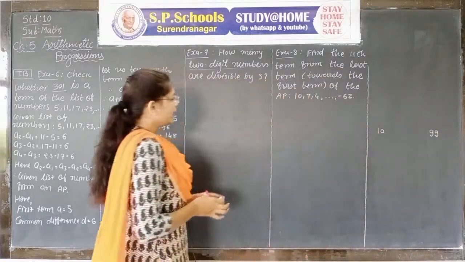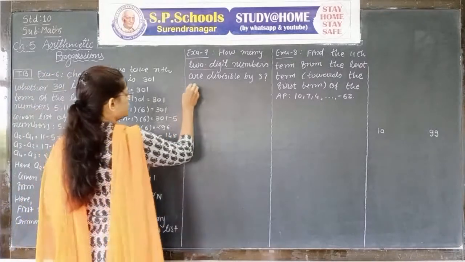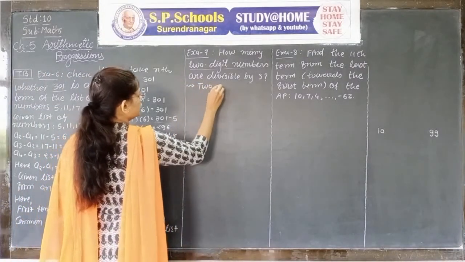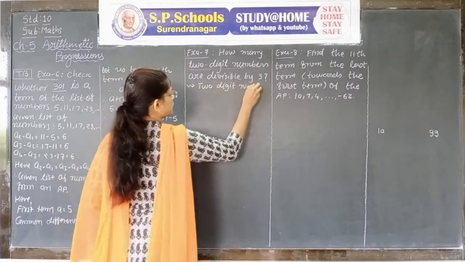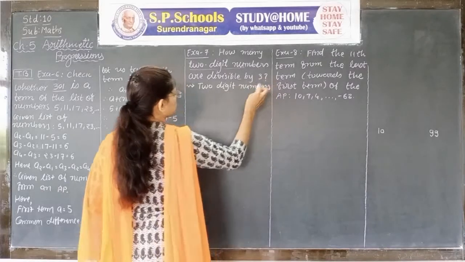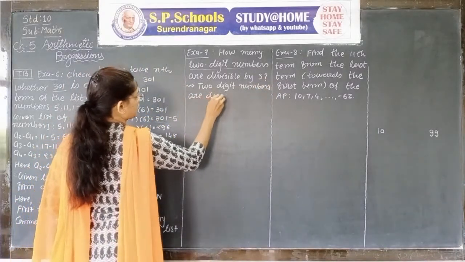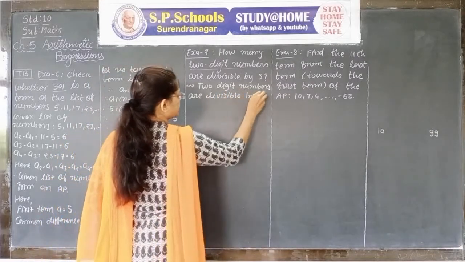But we have to take here the numbers divisible by 3. First of all, we have to write here 2-digit numbers divisible by 3.